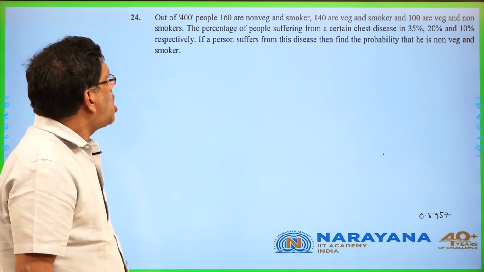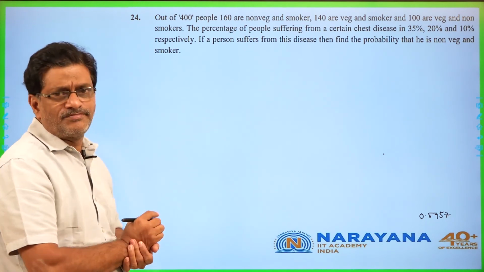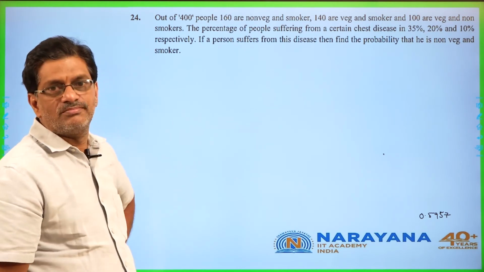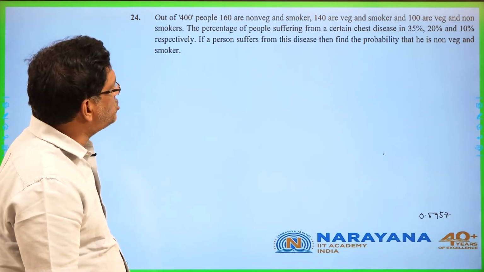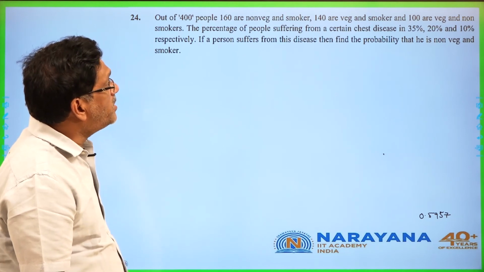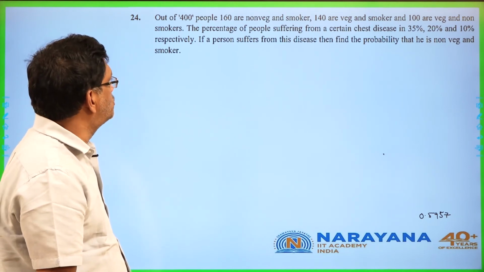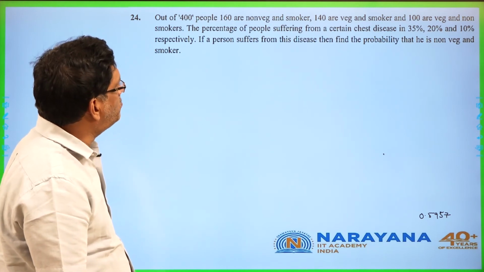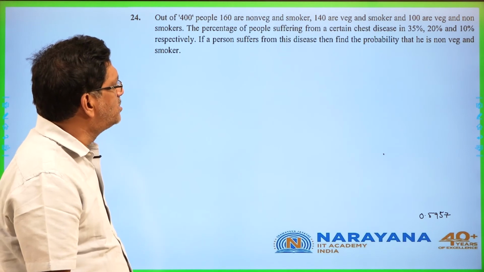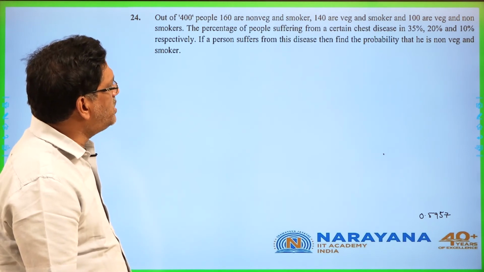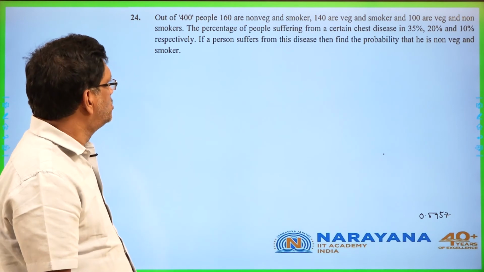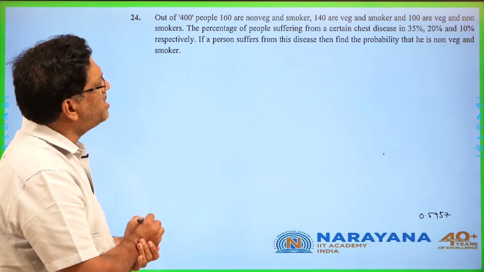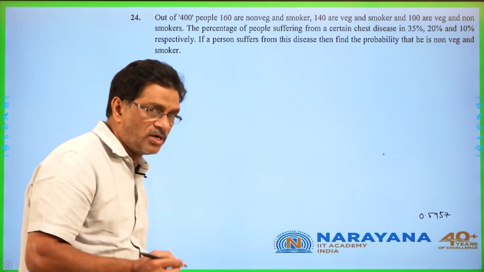Out of 400 people, 160 are non-veg and smokers, 140 are veg and smokers, 100 are veg and non-smokers. The percentage of the people suffering from a certain chest disease is 35, 20, 10 respectively. If a person suffers from this disease, then what is the probability that he is non-veg and smoker?